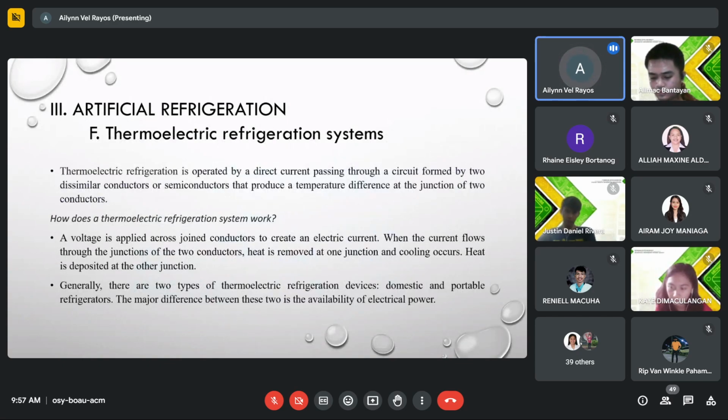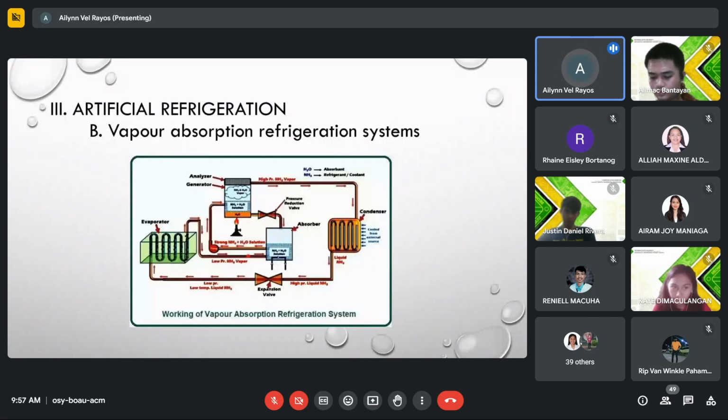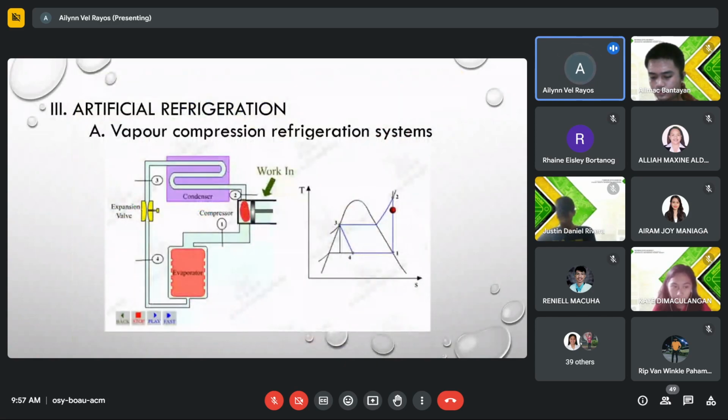We will continue the discussion on these artificial refrigeration systems tomorrow, since it is time.